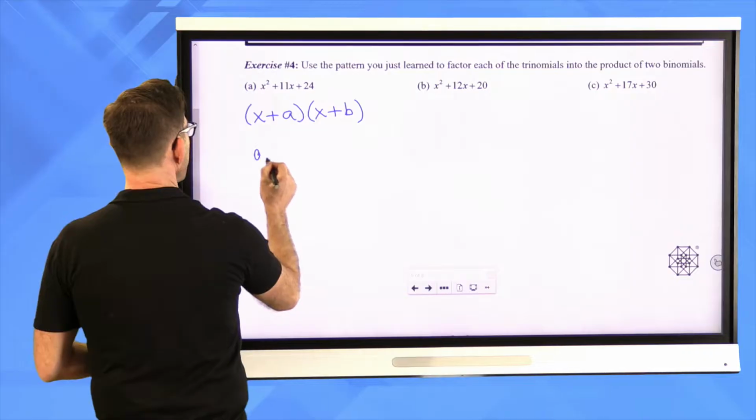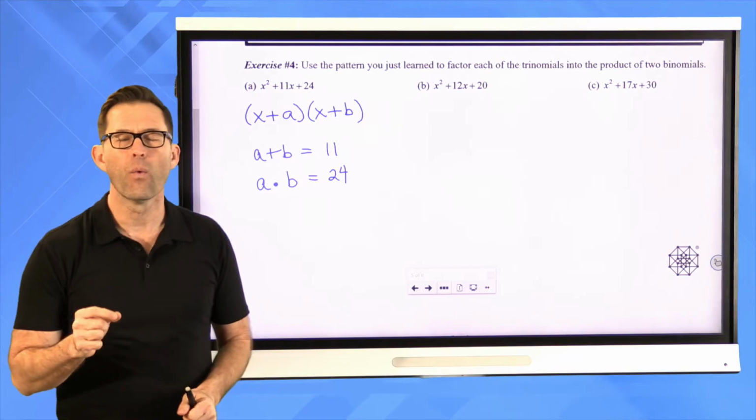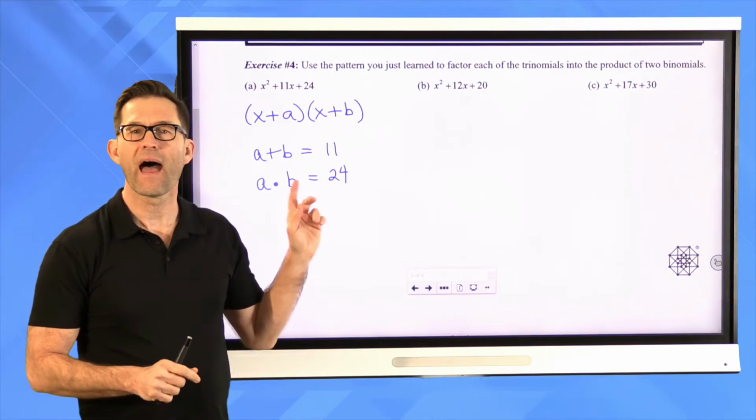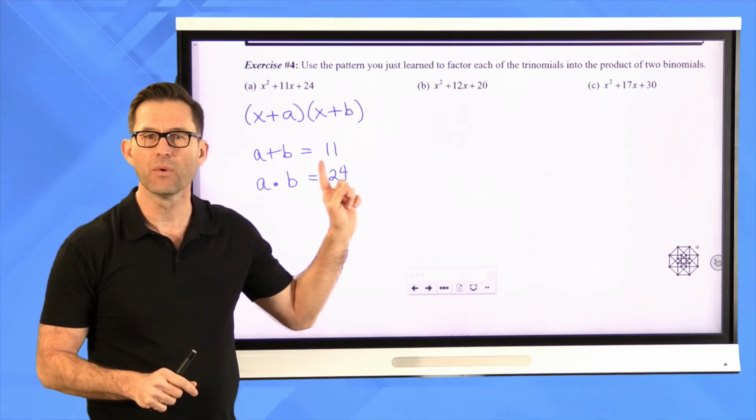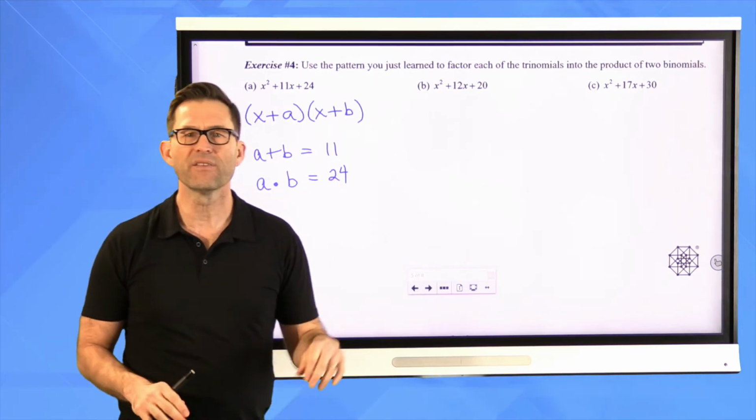And what I know right now is that the two numbers add to be 11, and the two numbers have a product of 24. So I want to figure out what two numbers have a sum of 11 and a product of 24.